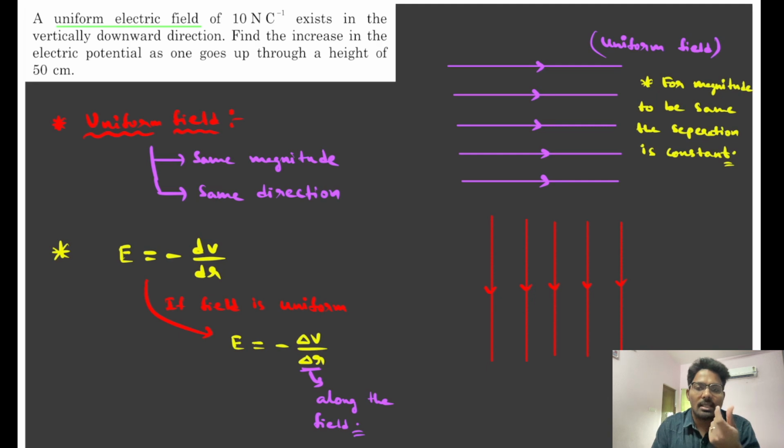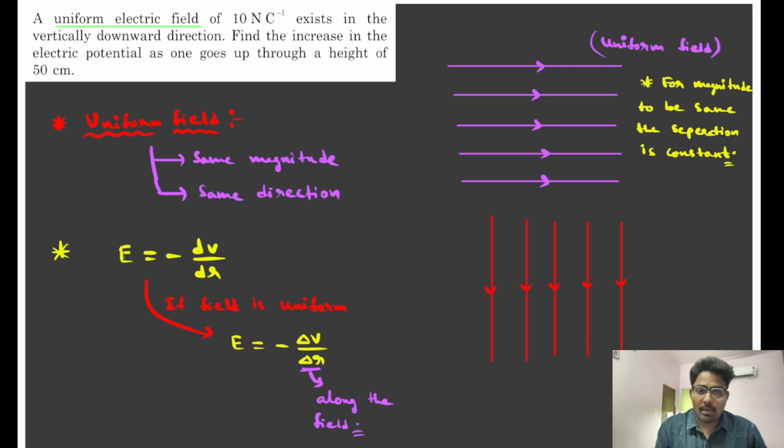Only when the change is very small will we call it dV. As I said, electric field lines will flow from higher potential to lower potential. So obviously in the direction of field, the potential will decrease. So when I do final minus initial, we will get a negative value, right? To compensate for that negative value, or to give an explanation that the electric field will be from higher potential to lower potential, we need to keep a negative sign over here.